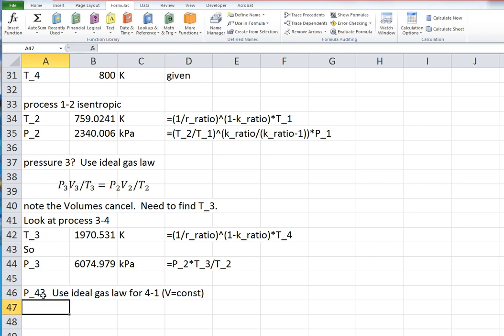So we can find P4 from P1 times T4 divided by T1. It's the same relationship that we used right here.